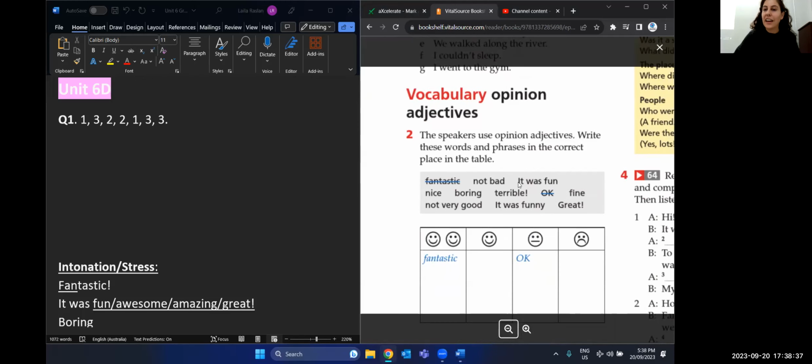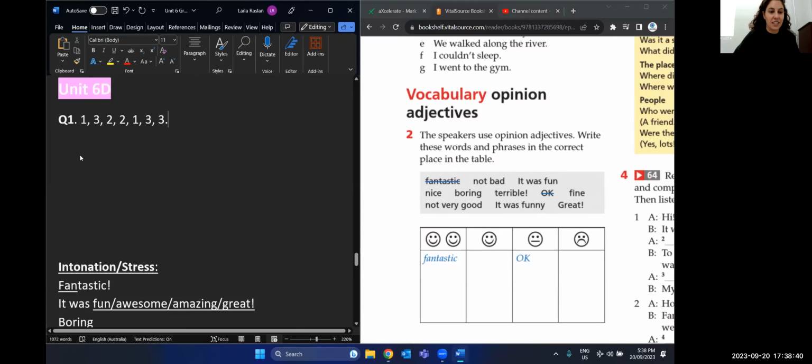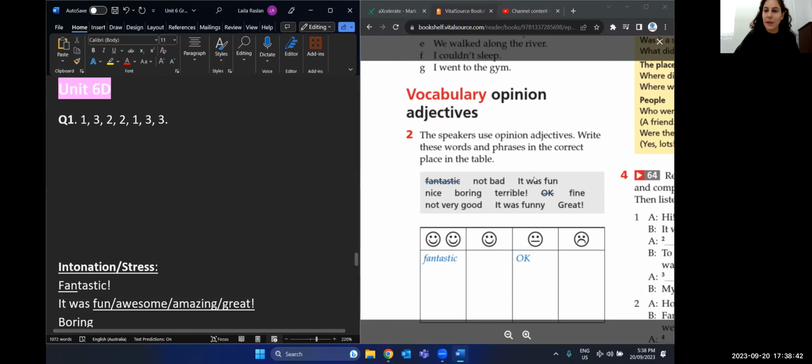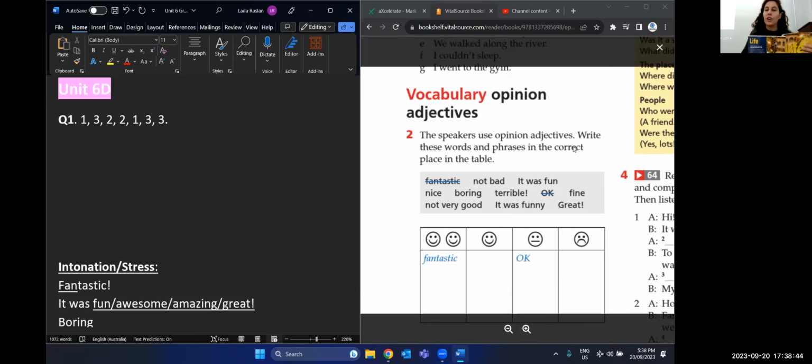So now we're going to look at using opinion adjectives. And opinion adjectives are words that describe how we're feeling. So it's words like amazing, fantastic, fabulous, great, boring, happy, excited, tired.